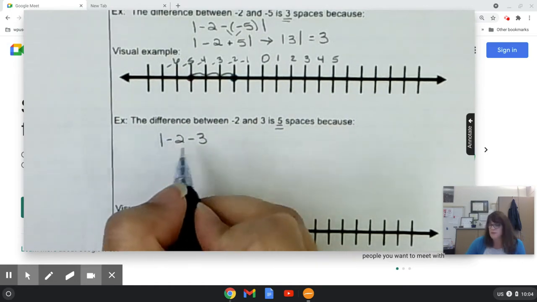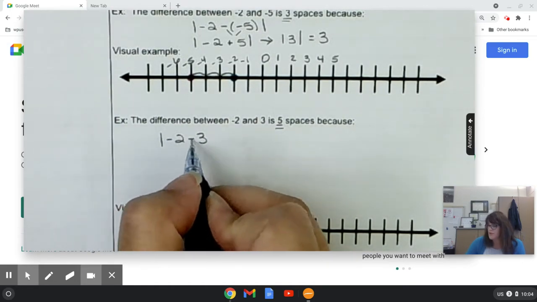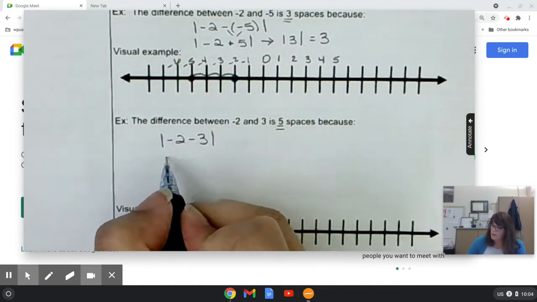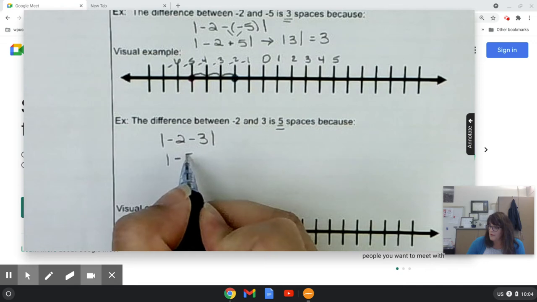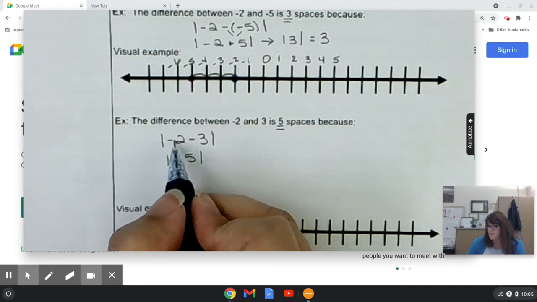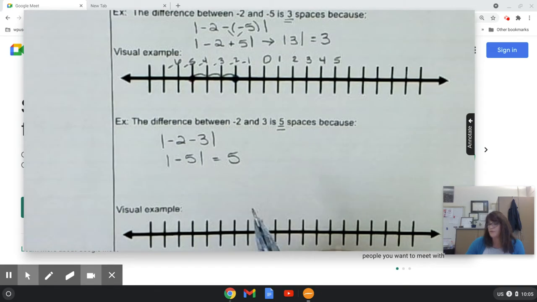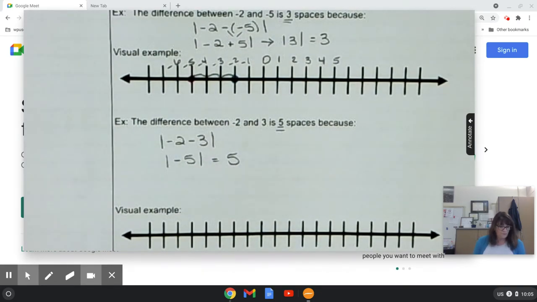That word difference is subtraction. So -2 minus 3. Now we have the absolute value of -5 because I was negative and went negative again, which equals 5. Okay.